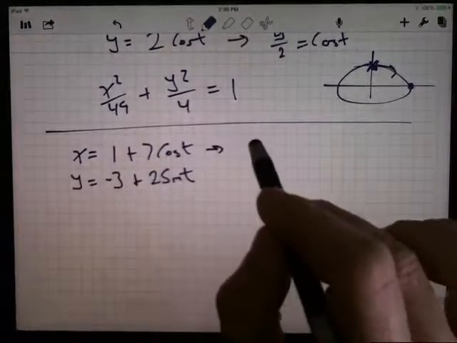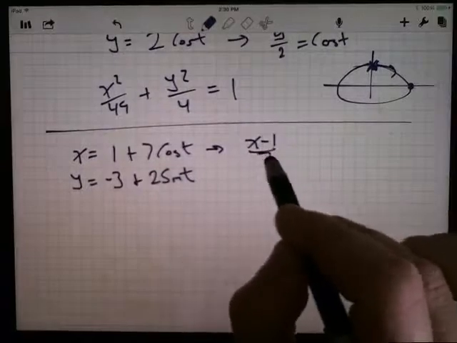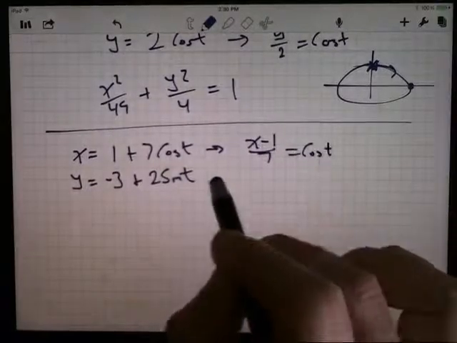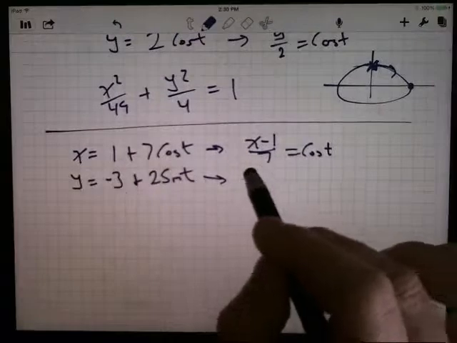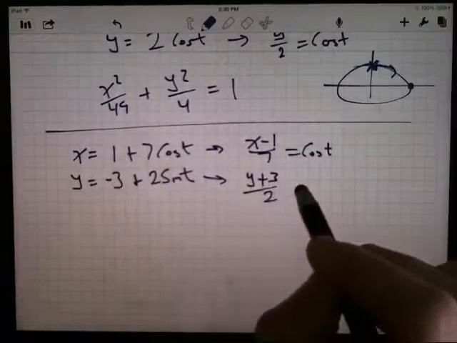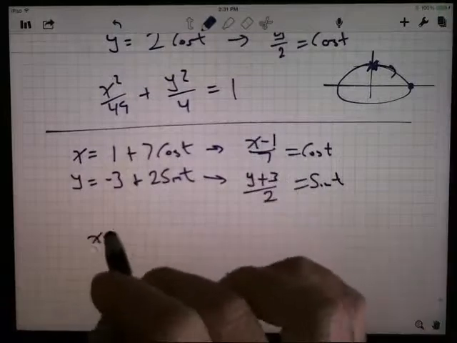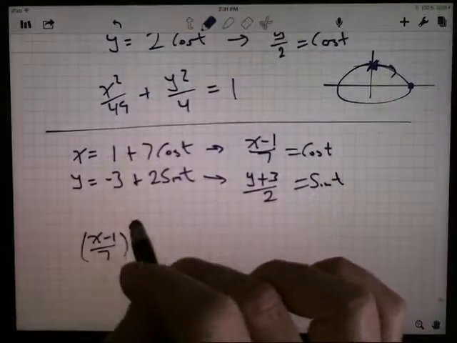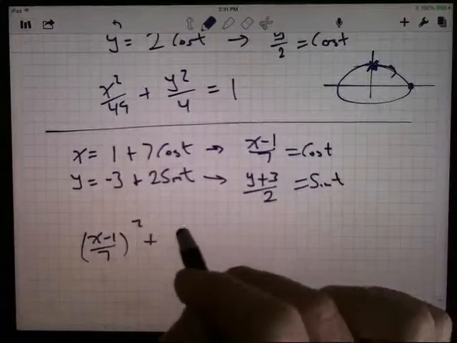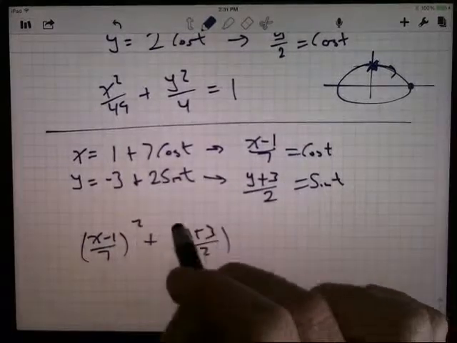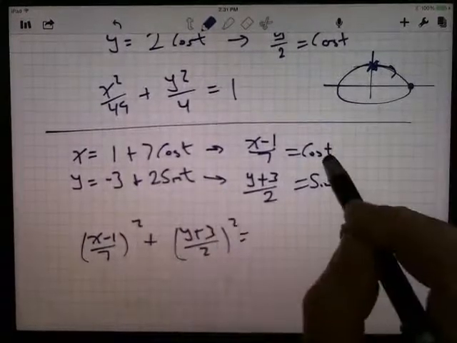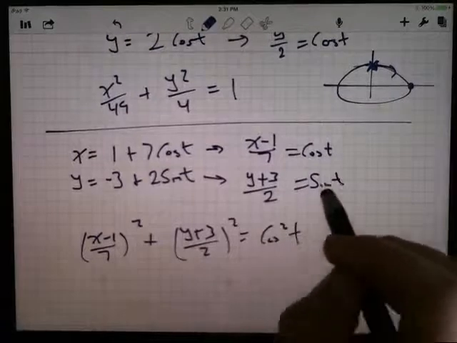So subtract 1, and then divide by 7. That's cosine t. Add 3, and then divide by 2. That's sine t. So now if I take this and square it, (x minus 1 over 7) squared, and add to that this one squared, (y plus 3 over 2) squared, that's the same thing as taking this one squared plus that one squared.